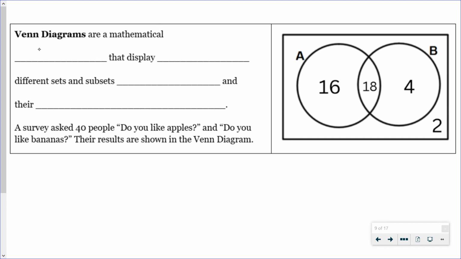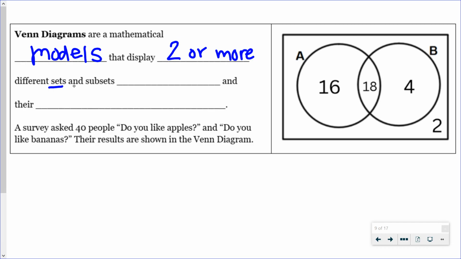So Venn diagrams in math are models, meaning that they show us information, and they display two or more different subsets or sets. So there have to be at least two different groups, okay? But we can have more.